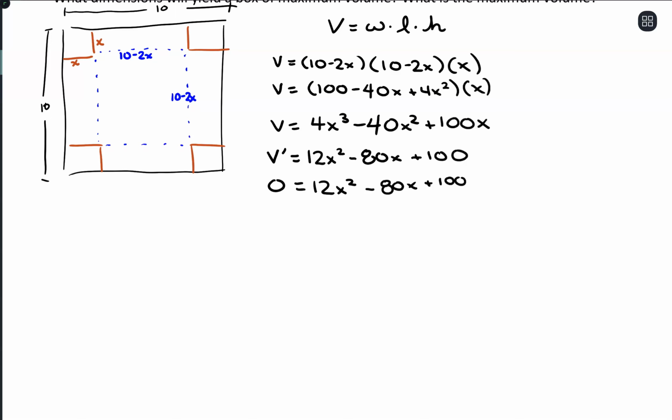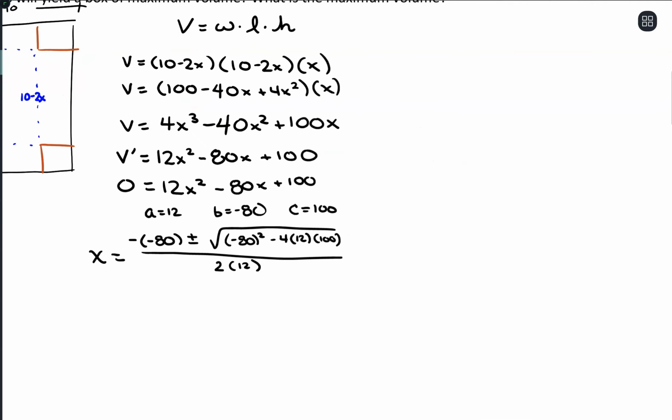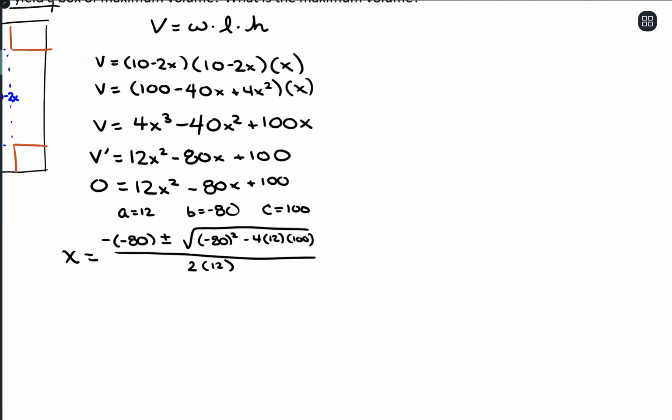So x is going to be equal to negative negative 80 plus or minus the square root of negative 80 squared minus 4 times 12 times 100, all over 2 times 12. And with that, let's go to our calculator.